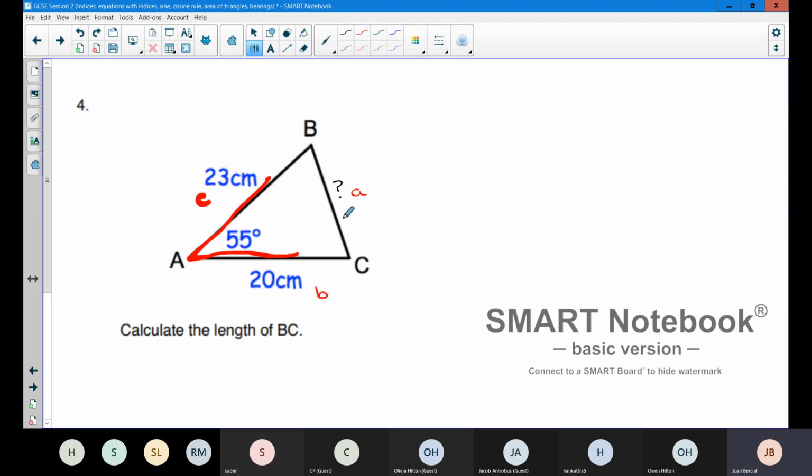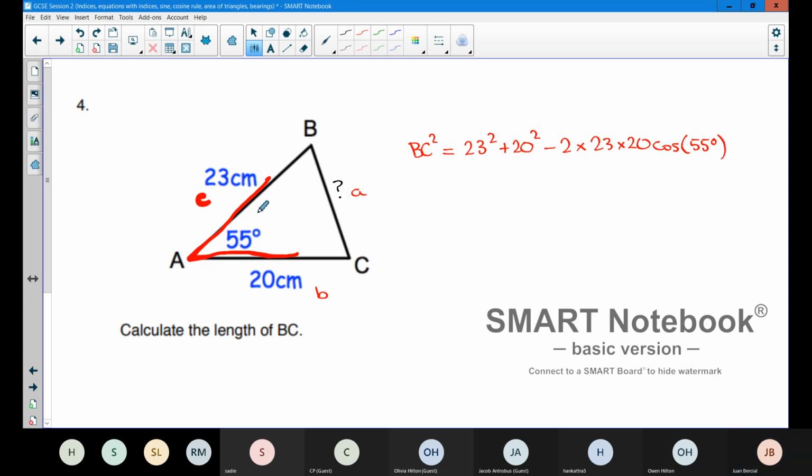So remember, BC squared is going to be AB squared, that one, 23 squared plus 20 squared, and then minus twice times 23 times 20, the cosine of 55.